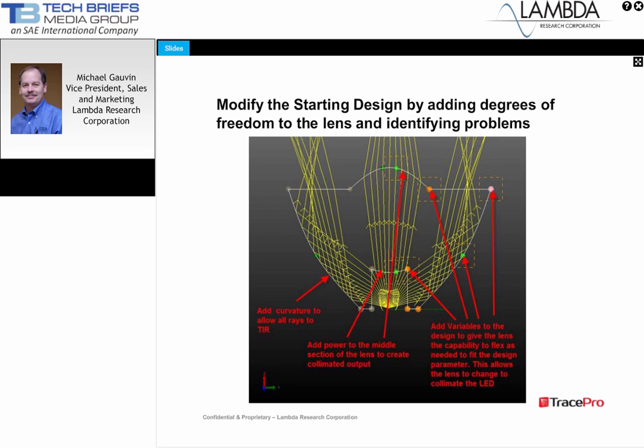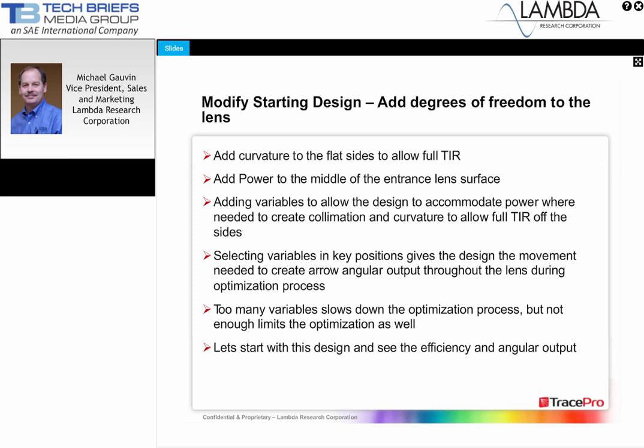I'm going to let the points of this particular output face move around those boxes to see if I can get a better output while I'm optimizing. We've also noticed that the curvature has been added to the sides so that we get complete TIR and we don't have light exiting. So here's what we're going to start with in terms of a starting design for this particular narrow angle lens.